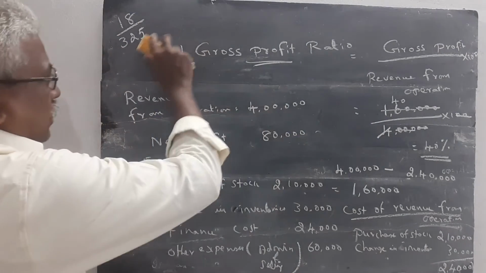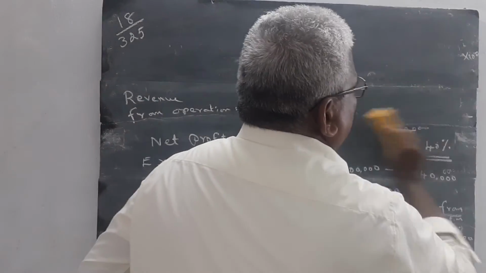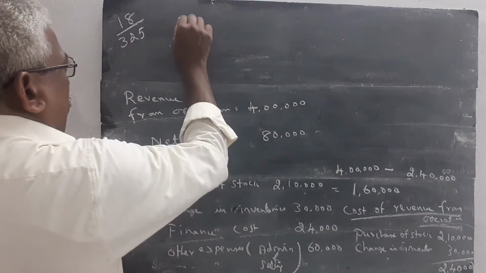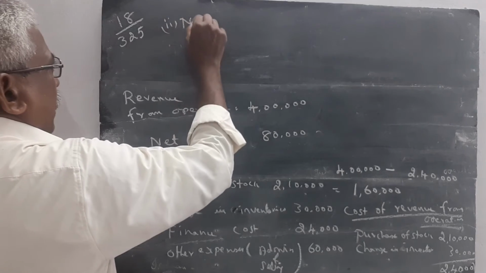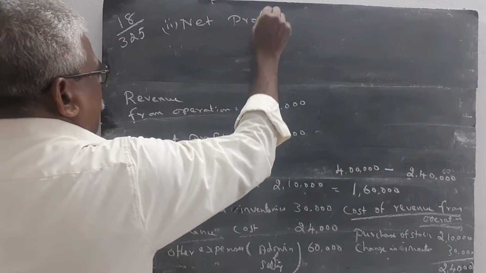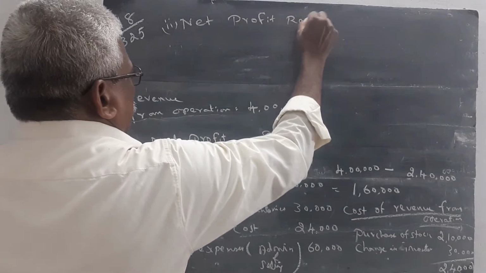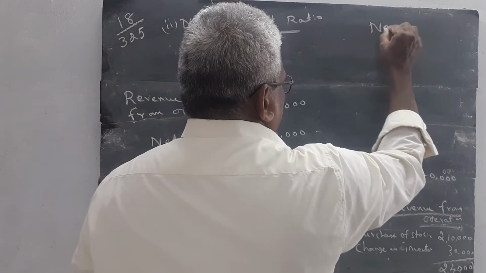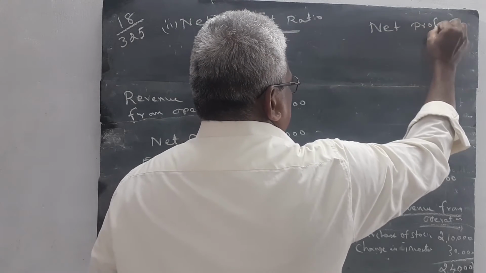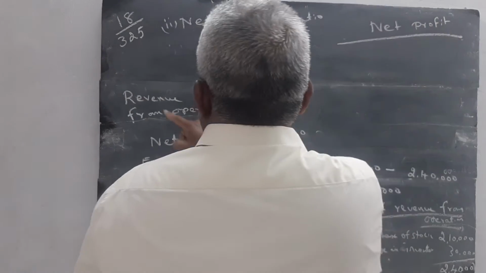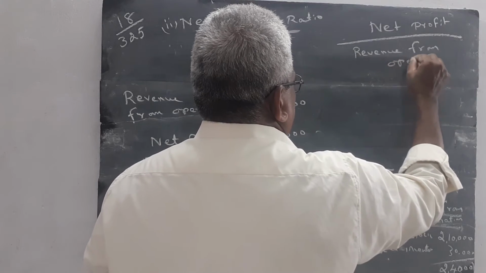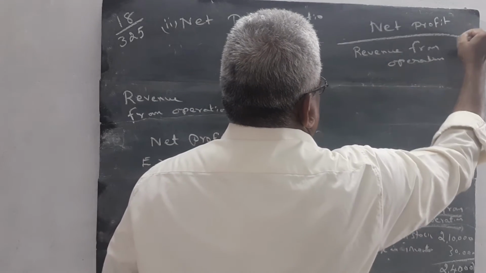Then the next step is calculation of net profit ratio, point number 2. The formula for calculating net profit ratio is net profit divided by revenue from operation into 100.